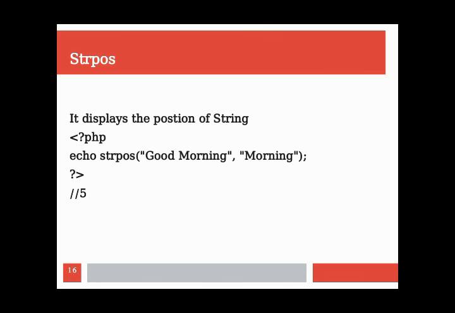So here it displays the position of the string, that is, the position of morning in our first string, good morning. Morning comes after good. That's why, good is 4 letters and one is a space, so morning starts after 5 characters. That's why the position of the string is 5 and the output is 5.